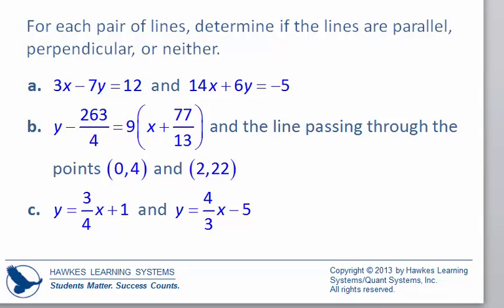So let's look at our first example. Our first line is 3x minus 7y is equal to 12. I am going to take that equation and write it in slope-intercept form, which means solve for y. So I am going to first subtract the 3x from both sides, which leaves me negative 7y is equal to 12 minus 3x.